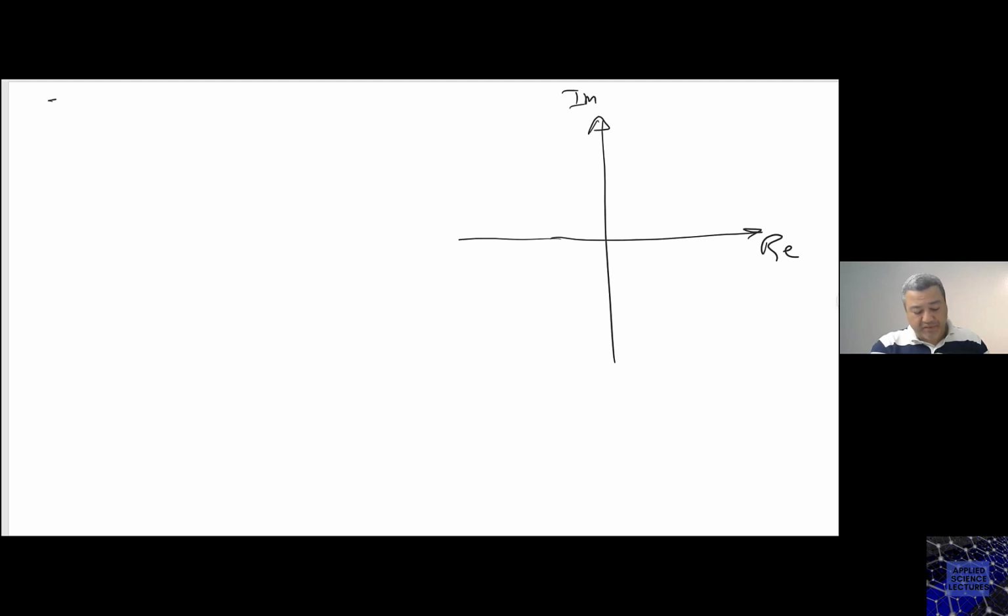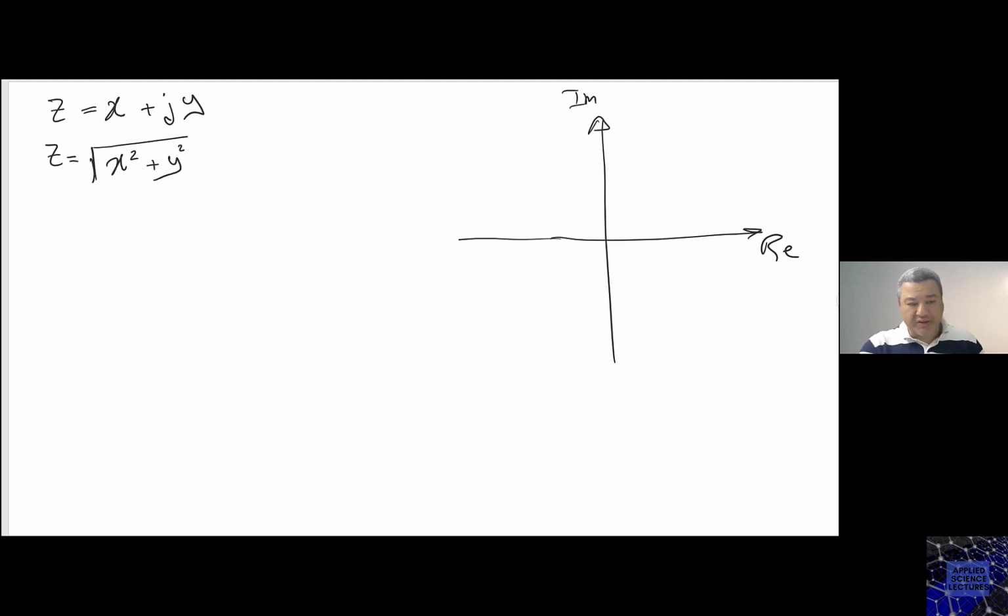So let me write this: z equals to x plus j y. This complex number in rectangular format, and I would like to transform it to the polar format. So in this case, we know that we can find the magnitude being square root of x squared plus y squared. So you have always a positive magnitude.